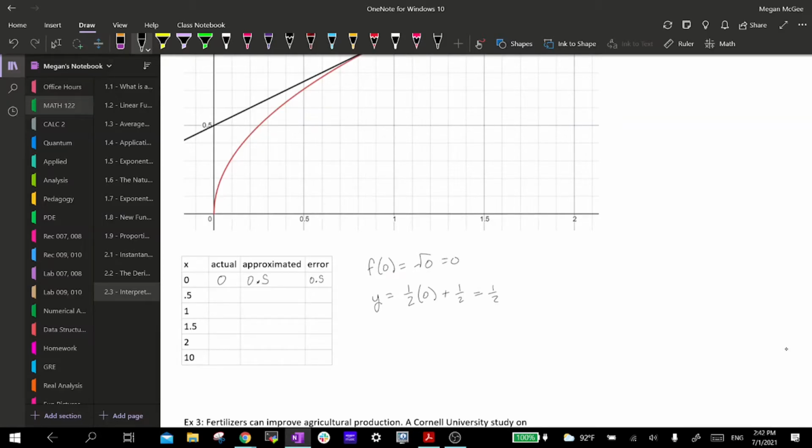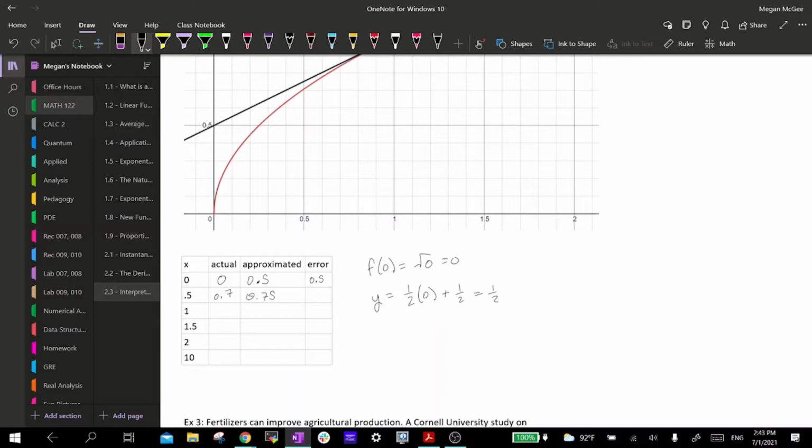So I'm just going to fill out the rest of this table. You can just do these calculations with a calculator. So at x is equal to 1/2, we have 0.7 as our actual value. Our approximated value is 0.75.